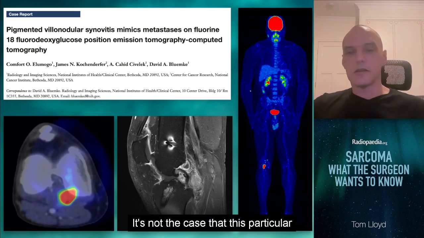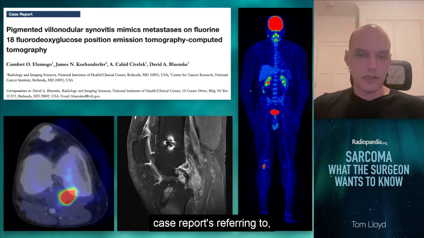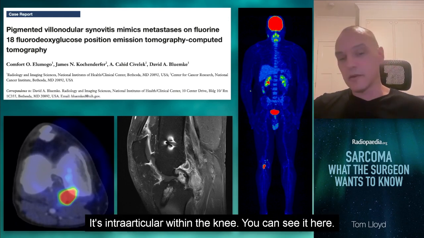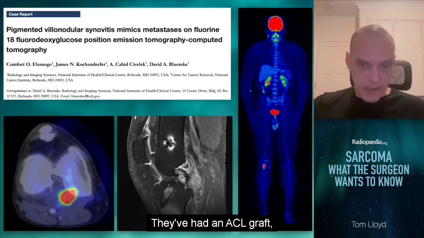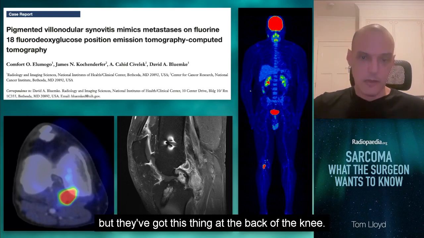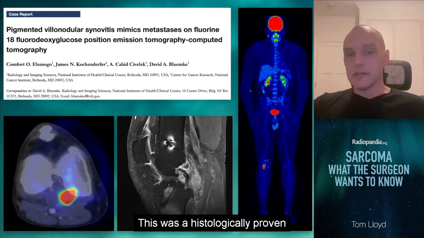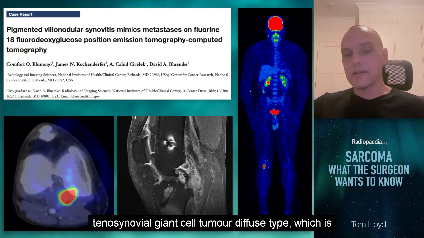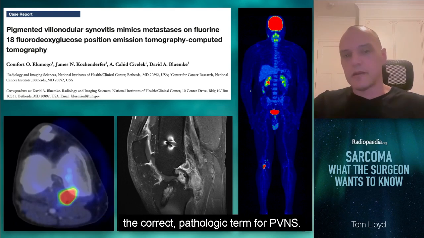It's not the case that this particular case report is referring to. But this patient had a melanoma hotspot in the knee. It's intra-articular within the knee. You can see it here. They've had an ACL graft, but they've got this thing at the back of the knee. This was a histologically proven tenosynovial giant cell tumour diffuse type, which is the correct pathologic term for PVNS.